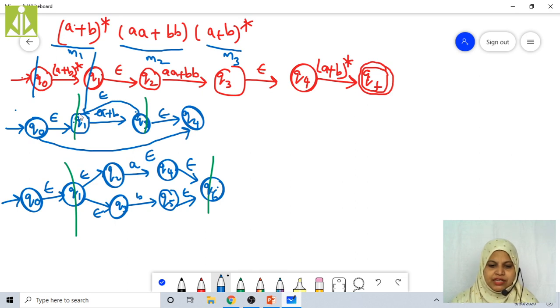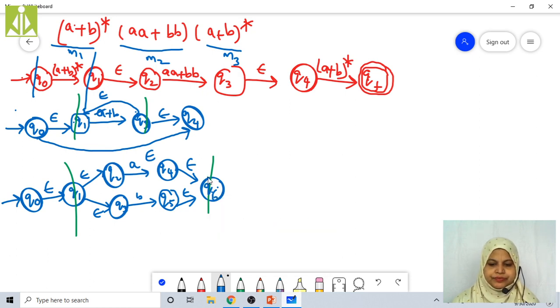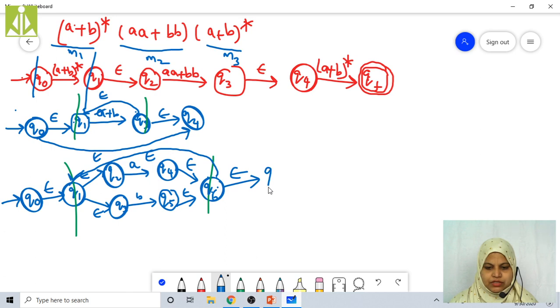Now see here, epsilon is there, so I'm going to take this epsilon here. This is my epsilon move. Again from here to here we have to take the epsilon. Again epsilon is there, Q7.